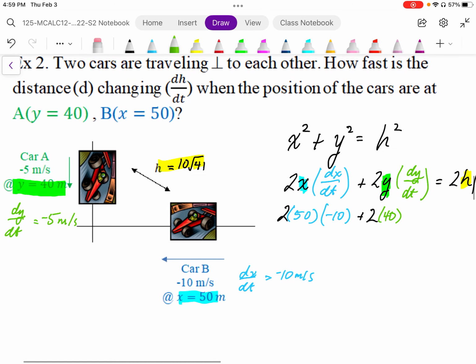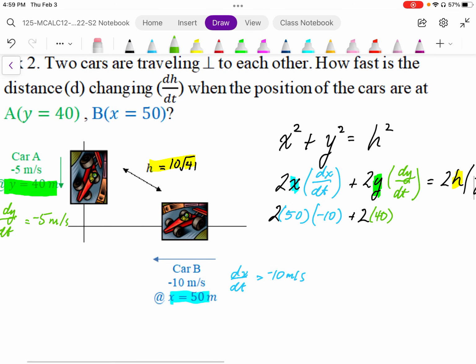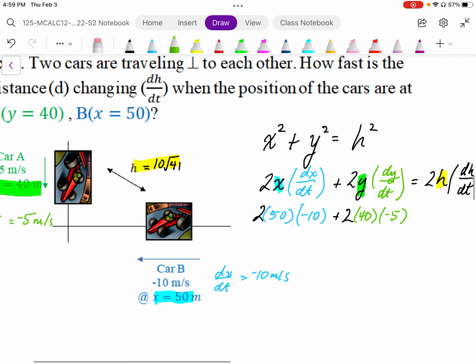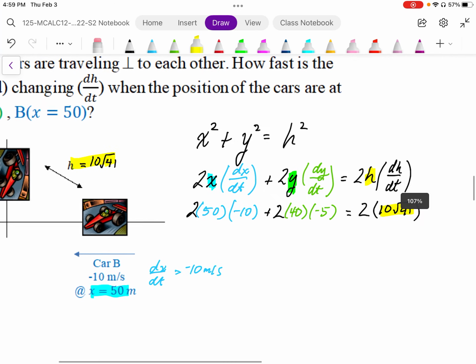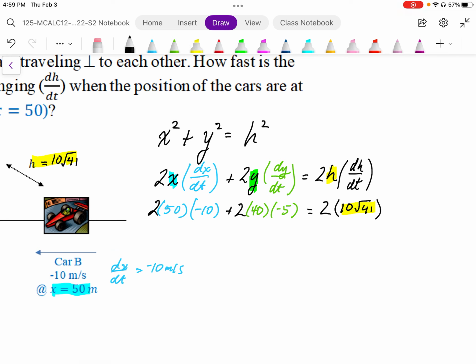That's 40 meters. Dy by dt is negative 5 meters per second, so I'm going to put negative 5 into here, equals 2 times h. Well, I can replace h with 10 root 41. Okay, and then the only thing left to solve for then is my dh by dt.